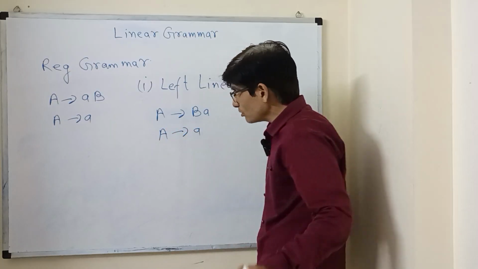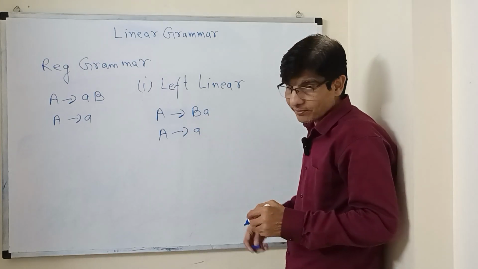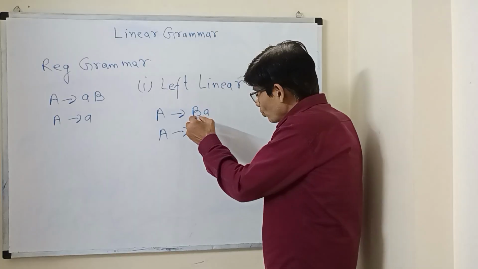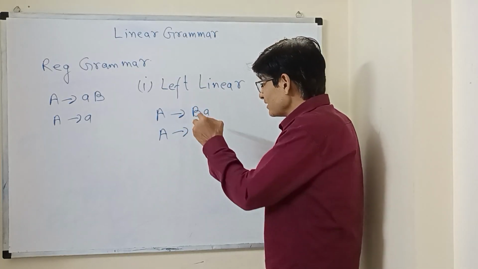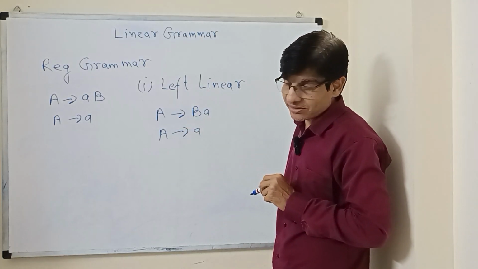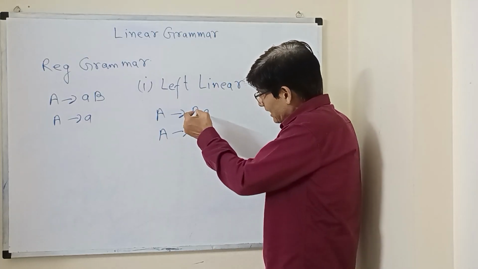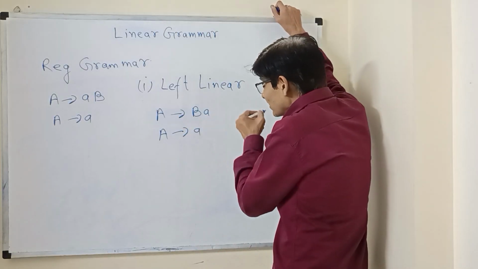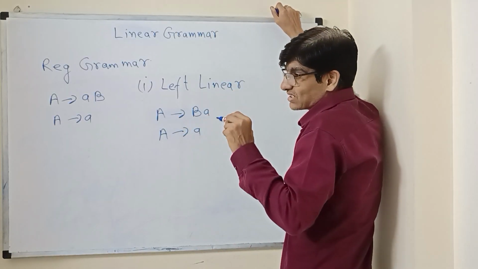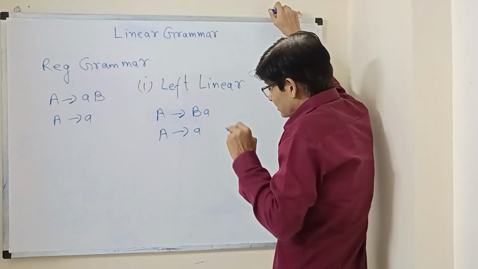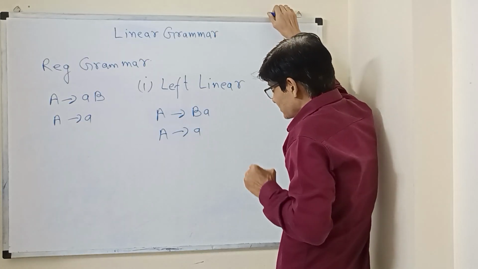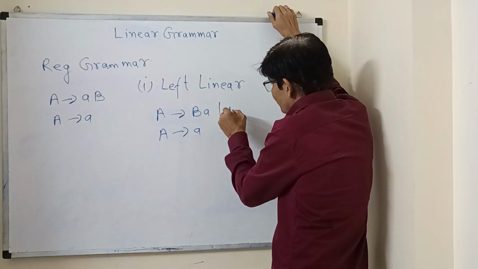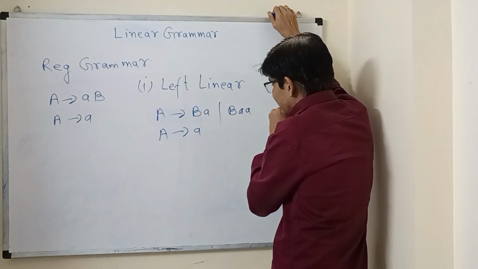This is left linear grammar, where in the right hand side only one variable will be there, which will be at the leftmost position. And in linear grammar, you can have more than one terminal, but all terminals must be in a consecutive string, like A gives Baa.